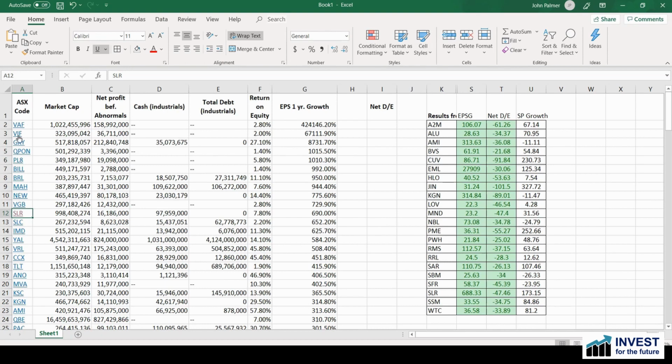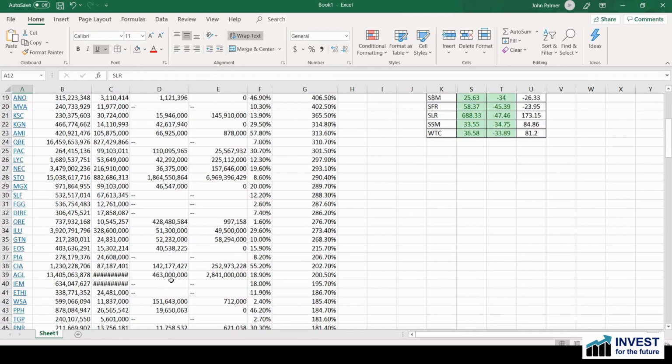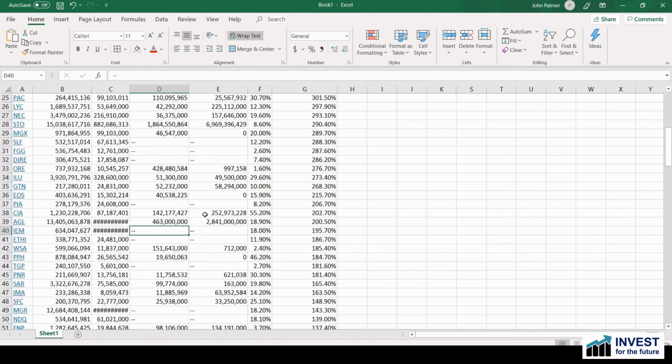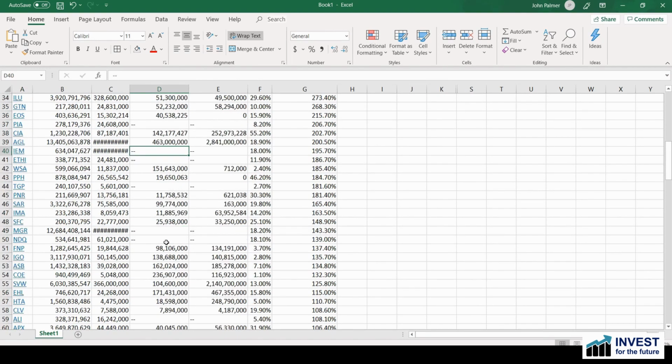We've now got ourselves with all of our data in here, and you'll notice that quite a number of these companies have no cash or total debt numbers. And the reason for that is that most of these are, if not all of them, basically financial type companies. MGR, Mirvac, that's a property trust.